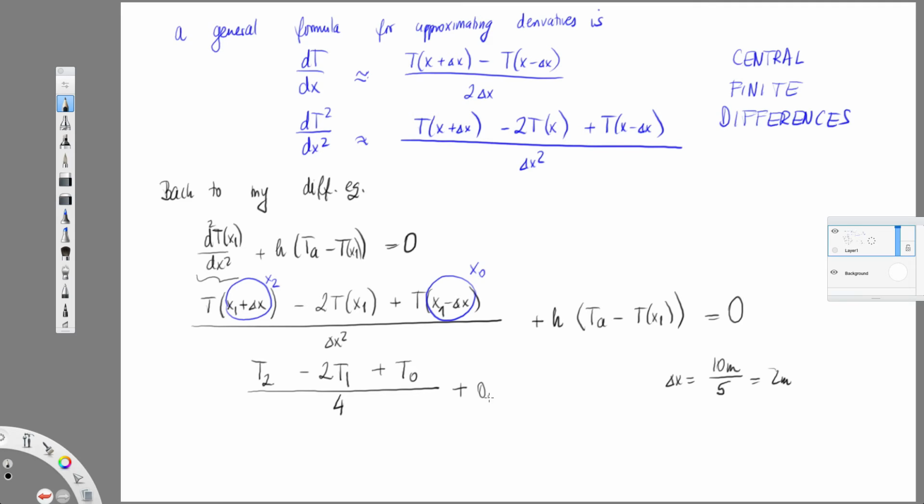Plus my H is 0.01 times TA, ambient temperature was 20, minus T1 is equal to 0. Gonna multiply this by 4.